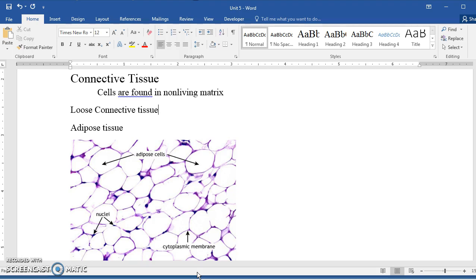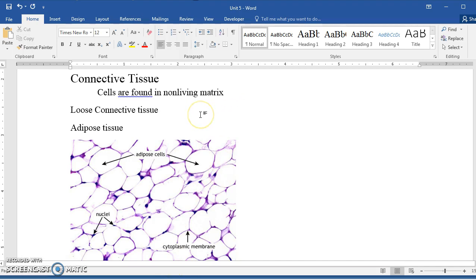There are some types of connective tissue that I'm not mentioning. One is the dense connective tissue. If you go on and take anatomy physiology, you can learn more about that. I don't have much to say about loose connective tissue, except that one text that I was using as a reference claims that it's the most abundant type of connective tissue.